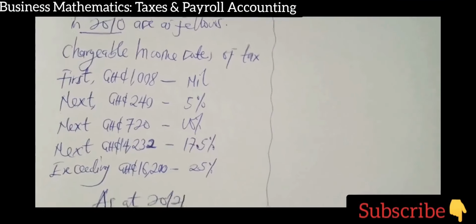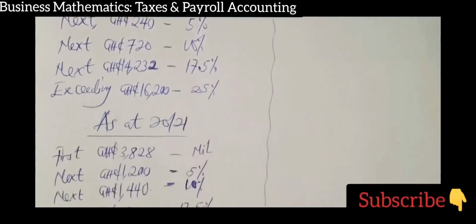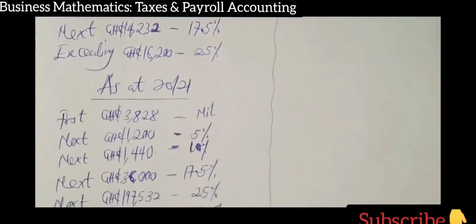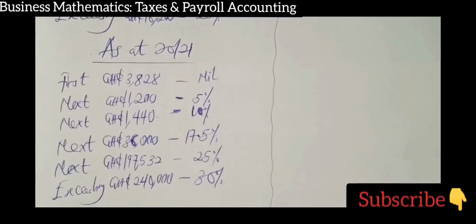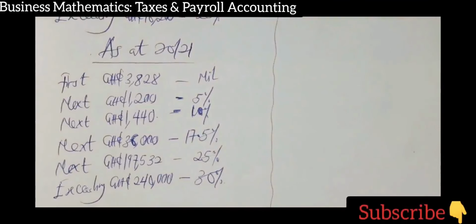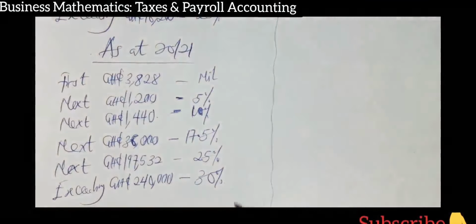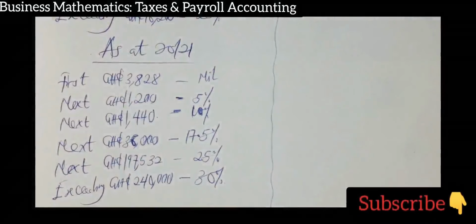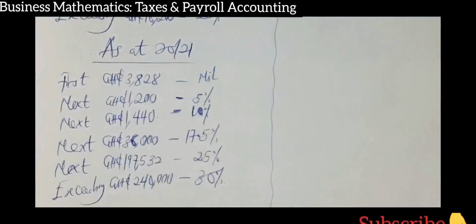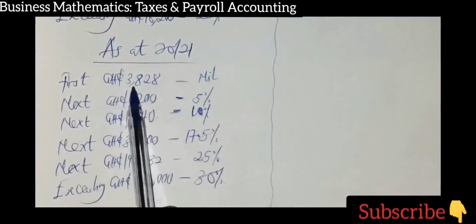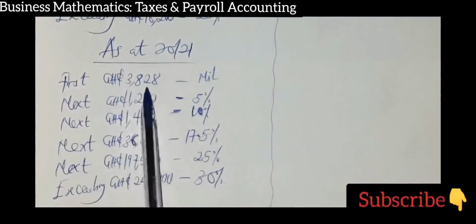But currently, in the year 2020 and 2021, these are the chargeable income rates and their percentages. Remember, the percentages still run, so they don't change. It still remains the same at various levels. So here, the first is 3,828.